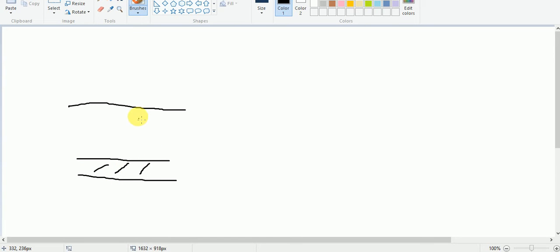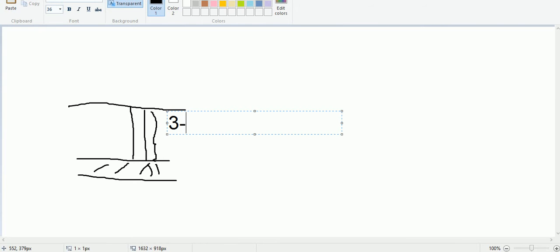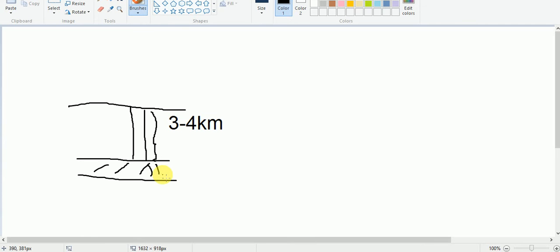To take out minerals we have to dig deep tunnels like this, and after that we can take out the materials from here. So gold mines in Africa are 3 to 4 kilometers deep. From this mining area, from this tunnel, we can collect data and information about the Earth interior.